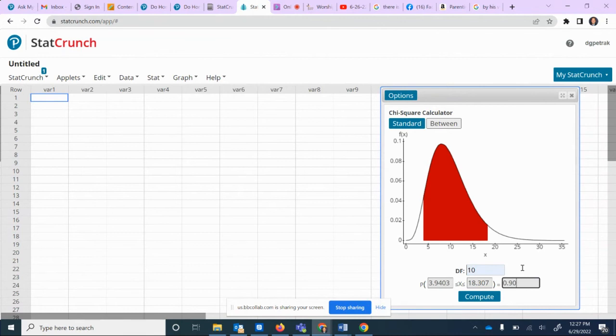And I took the measurement of each bolt and compared it with what was supposed to be, and found that difference, and then you squared it, and you divided by what you expected, and you did that for all 11 bolts. 90% of the time we would expect the variability to be somewhere in this red. The formula requires you to find chi-squared left and chi-squared right, but we could just use StatCrunch to do that exact same thing. And typically you would have the data with that.